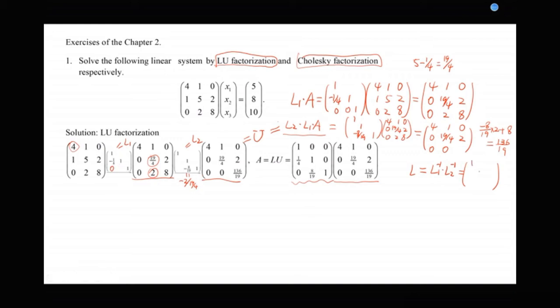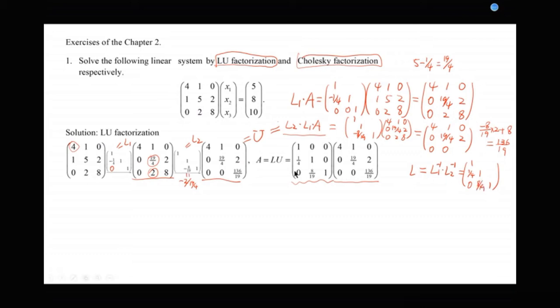So you will obtain 1, 1, 1, and change the sign of minus 1 over 4 to 1 over 4. Here is 0, here is 0, and for this number, change the sign, so directly 8 over 19.